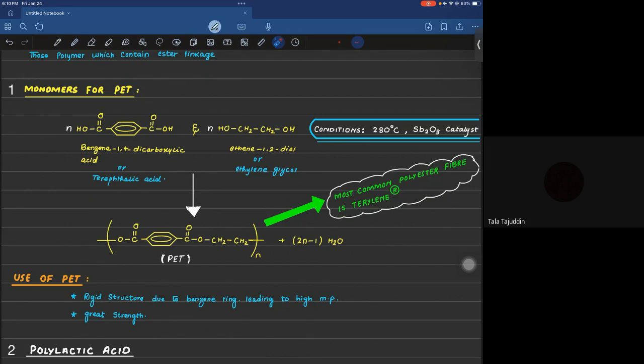So OH and H would be removed, and the rest of the molecule would join together to form this linkage. This is your ester linkage.